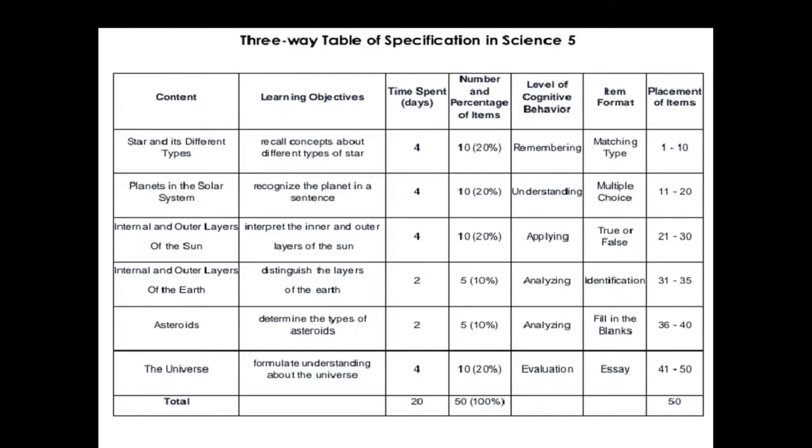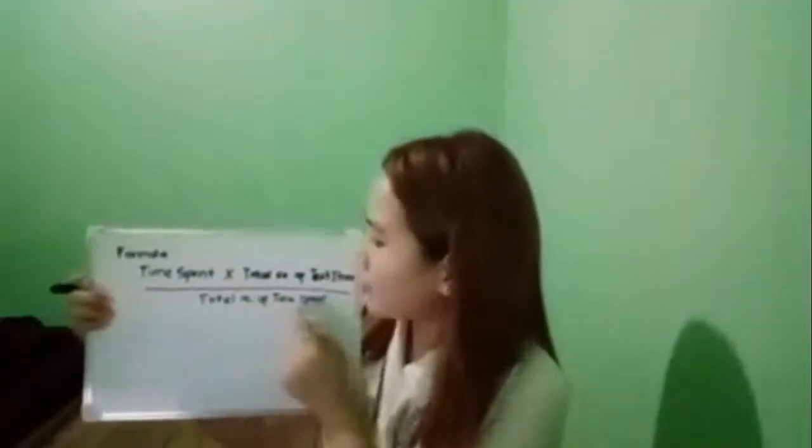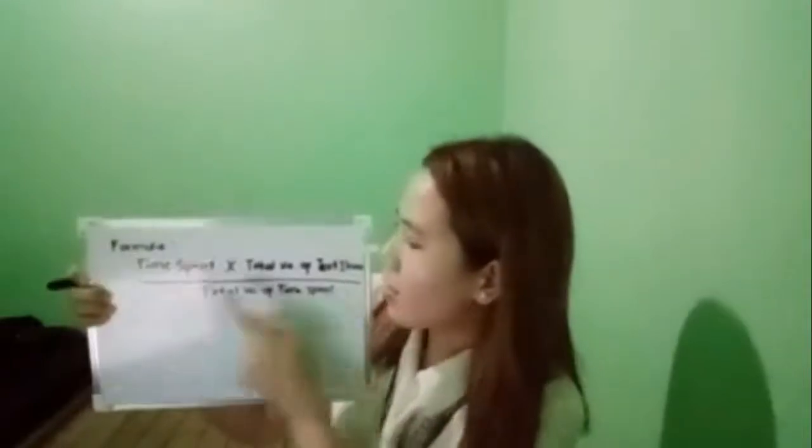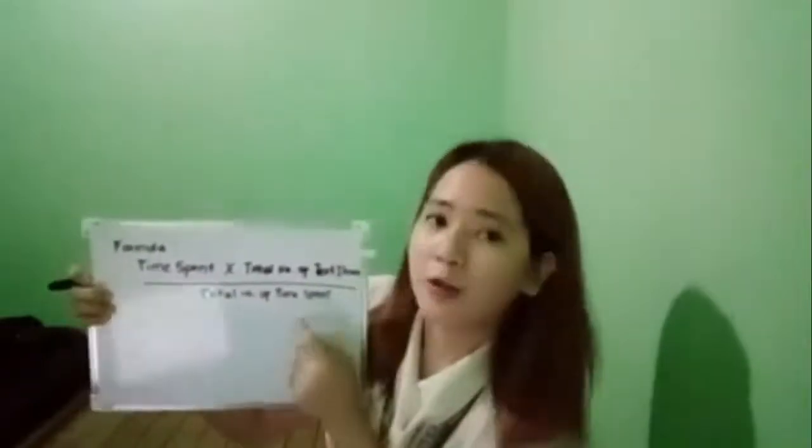The next one is the number and percentage of items. How to compute this? How did I get the 10? Ganito ang formula: the time spent times total number of test items divided by the total number of time spent.